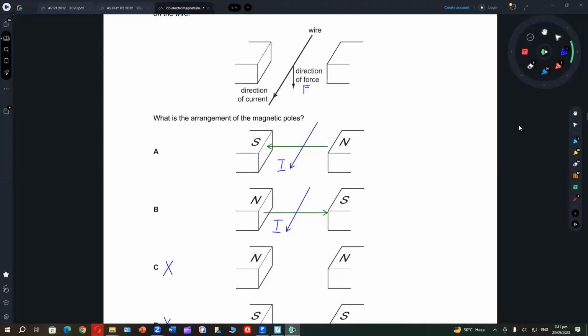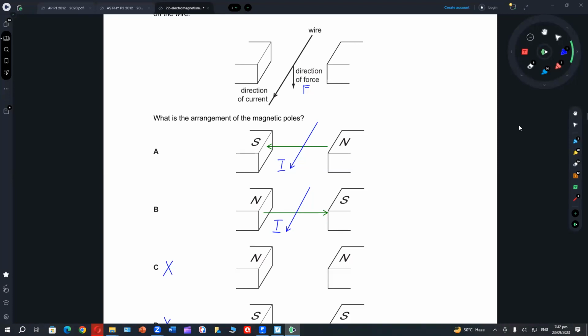Left hand. The thumb is upward, as in the picture I have shown you. Then the first finger is almost pointing towards north, and then the second finger is towards my eyes.